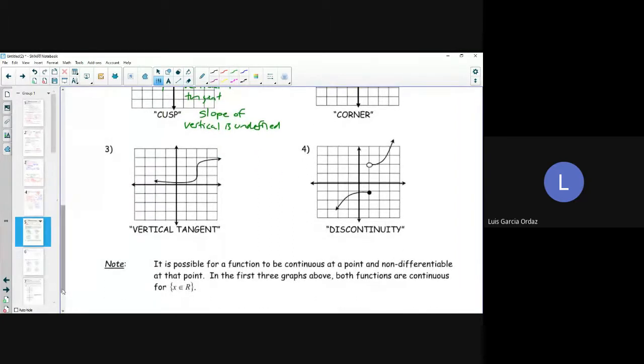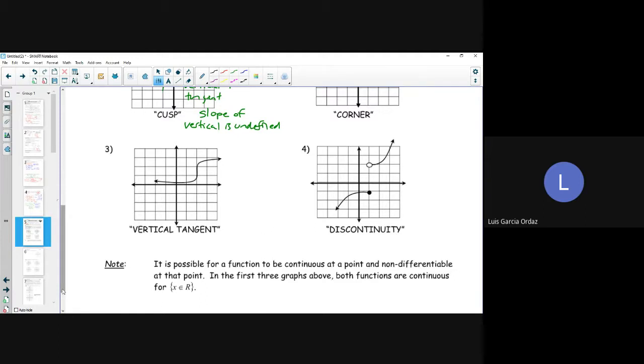Okay, for number 3, what is wrong with number 3? Why can it not be differentiable, or why does the limit fail to exist in number 3? Yep, the slope is undefined.